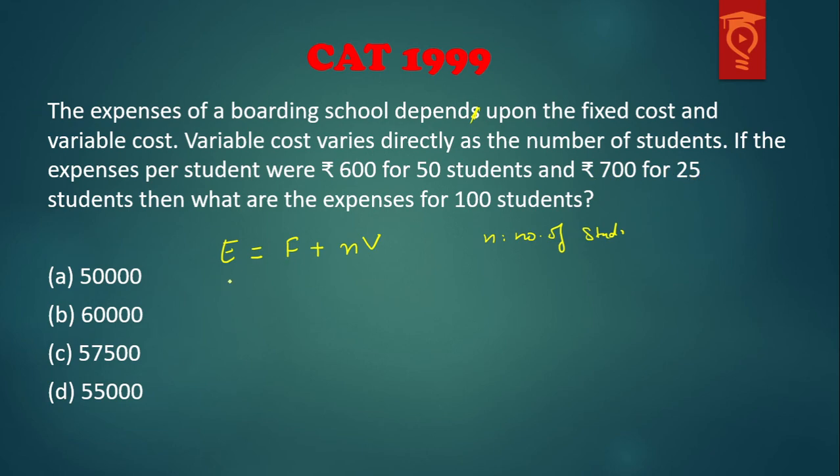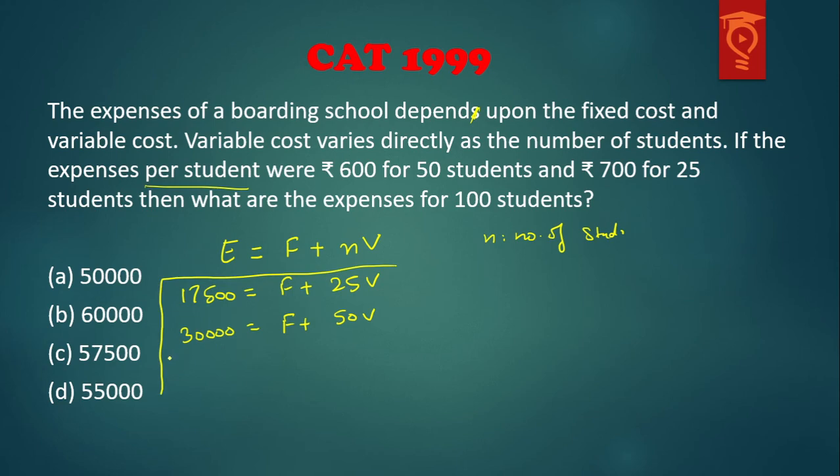So total expenses per student is given, that is average is given, so we have to find the total expense. So that is 17,500 when fixed cost remains f and there are 25 students, so 25v becomes the total variable cost. Similarly, it becomes 600 for 50 students, so the total becomes 30,000 where f remains f and this becomes 50v.